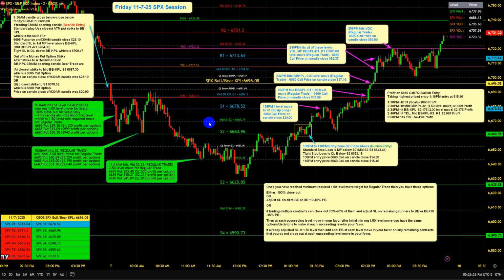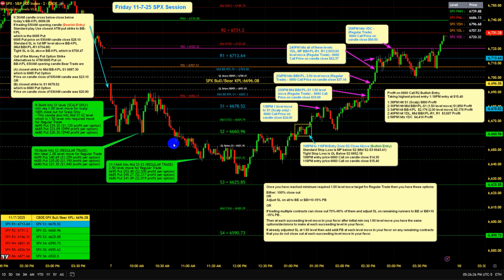So keep in mind that even though the initial bias here is bearish, that does not mean that you cannot look for bullish opportunities that are below the bull-bear KPL, because in reality these will be discounted opportunities for a return back to the bull-bear KPL or perhaps above, as we saw today.